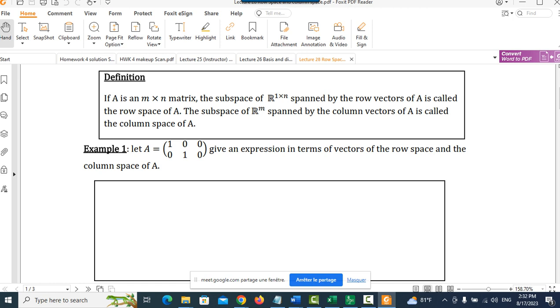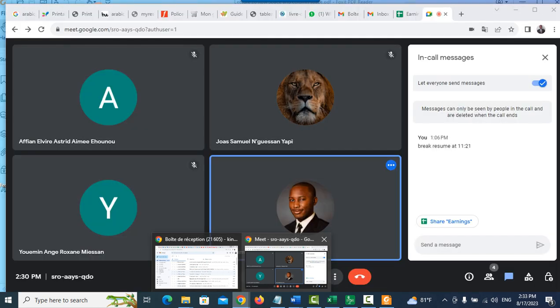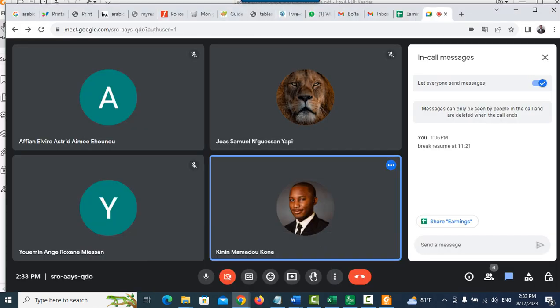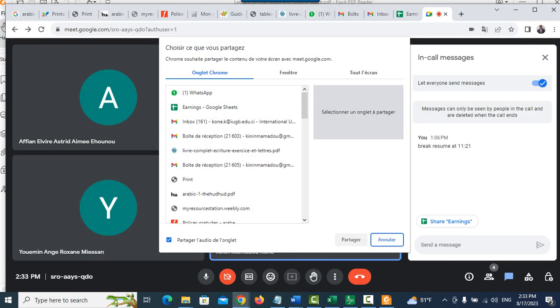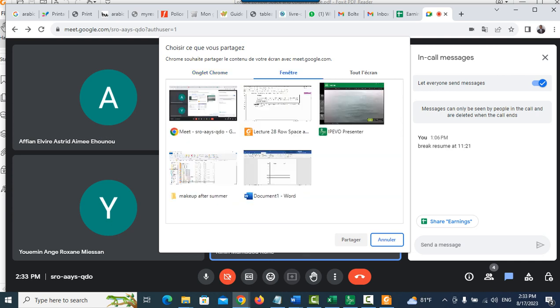Example: let A be this matrix. Give an expression in terms of vectors of the row space and the column space of A. So let's do it. I actually did it already, but let's do it in a more formal setting.